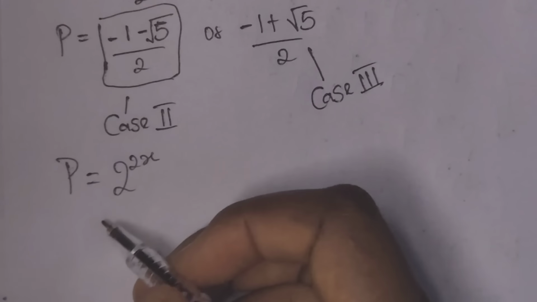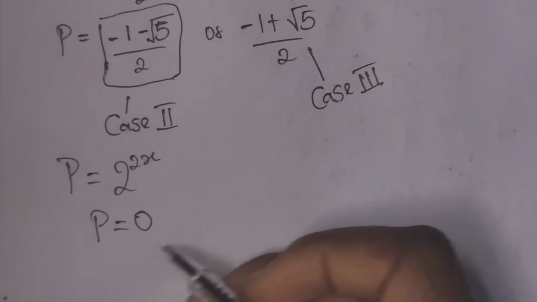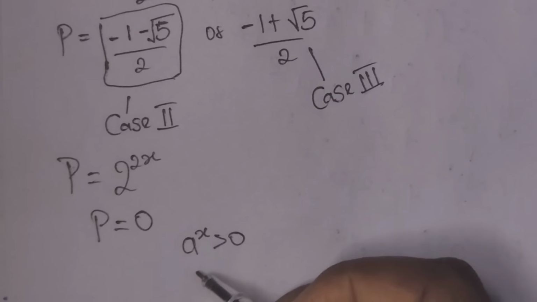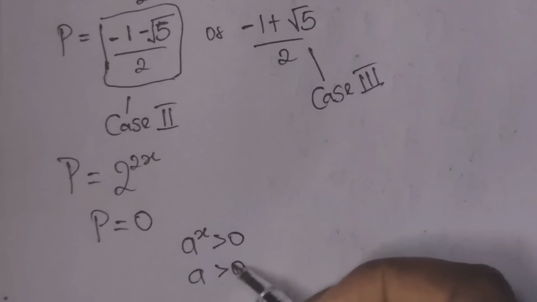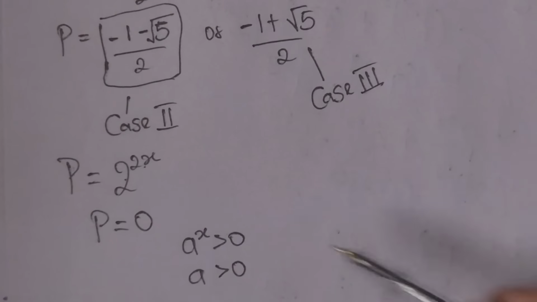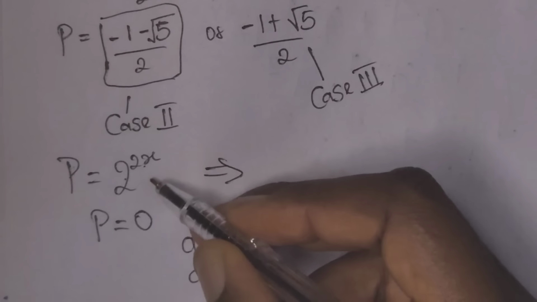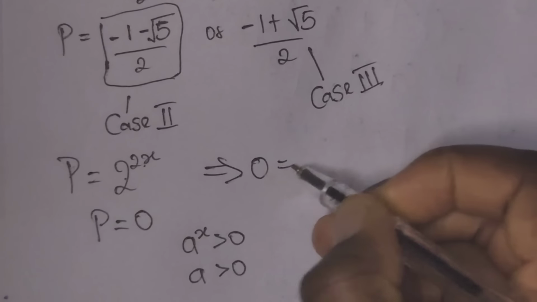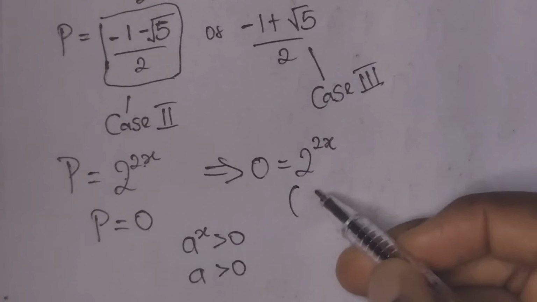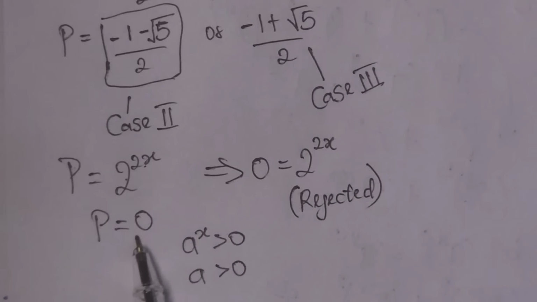So recurring case 1, where we have p equal to 0: if a to the power of x is greater than 0, then a must be greater than 0. But since p is 2 to the power of 2x, this implies that 0 is equal to 2 to the power of 2x. So our case 1 is rejected. So p cannot be 0.